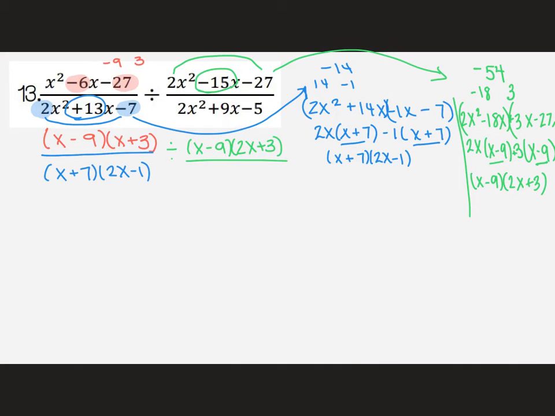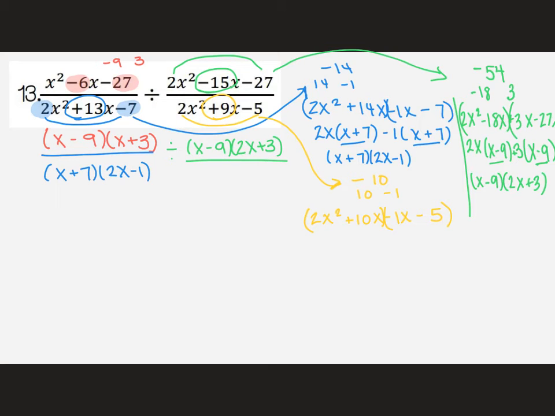And then one more time, I can repeat this process for the denominator. So 2 times negative 5 is negative 10. I'm looking for factors of negative 10 that add to be 9. So 10 times negative 1. I rewrite, leaving a as is, rewriting 10x minus 1x, and leaving c the same.